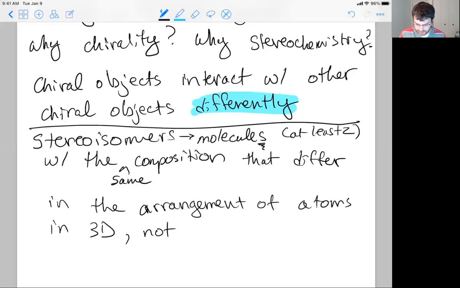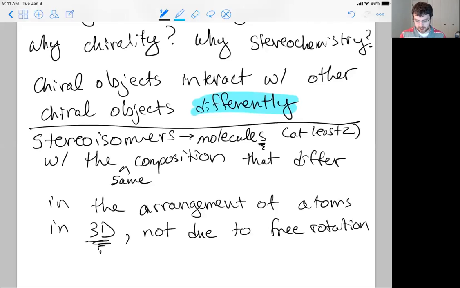And then the caveat here is not due to free rotation. So if it was just a difference because one single bond did free rotation 60 degrees, the other one stayed put, that would be a conformational isomer that we looked at in the last module.